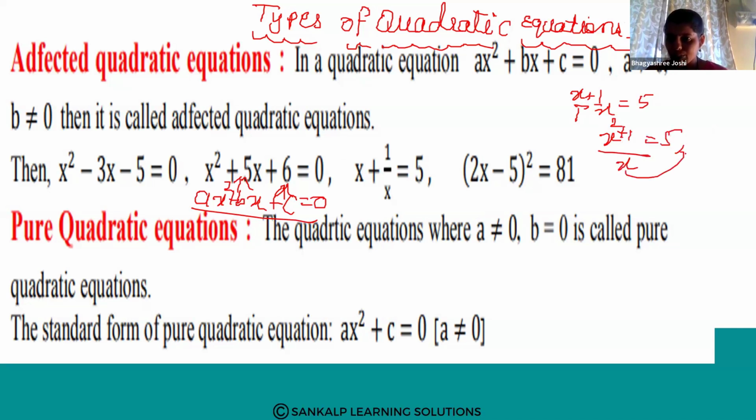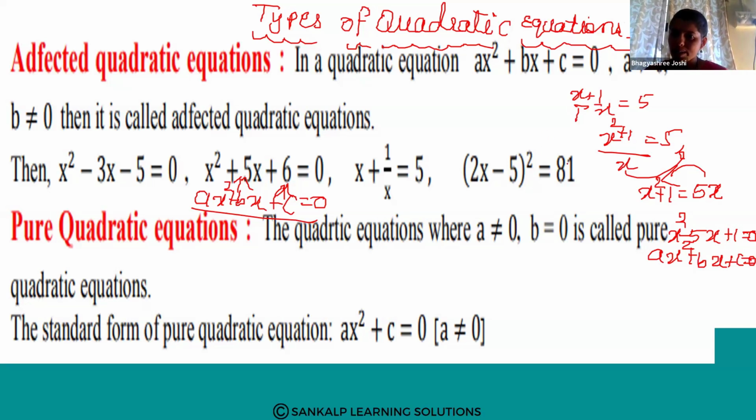If you transfer x to this side, x square plus 1 is equal to 5x. If you transfer 5x to this side, x square minus 5x plus 1 equal to 0. Now it is in the form ax square plus bx plus c equal to 0. Right? So it is also a quadratic equation. And which type is it? It is an affected quadratic equation, right?